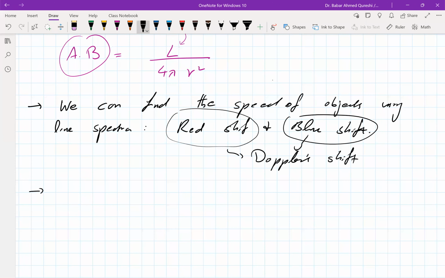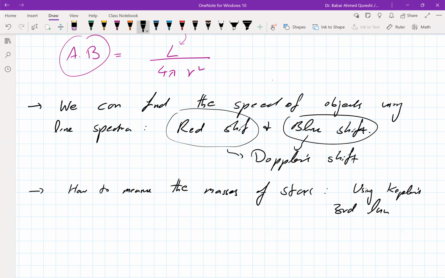And we also discussed how to measure the masses of stars. That was using Kepler's third law in binary star systems.